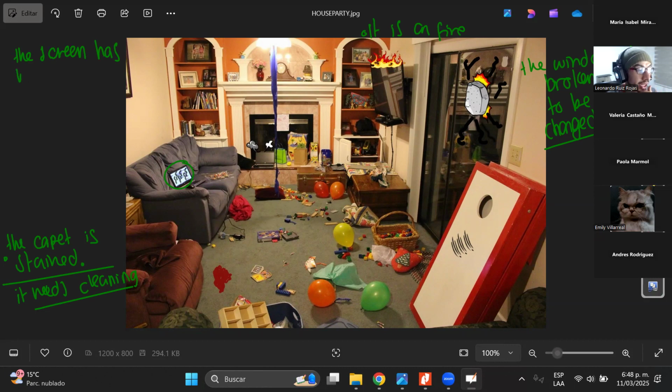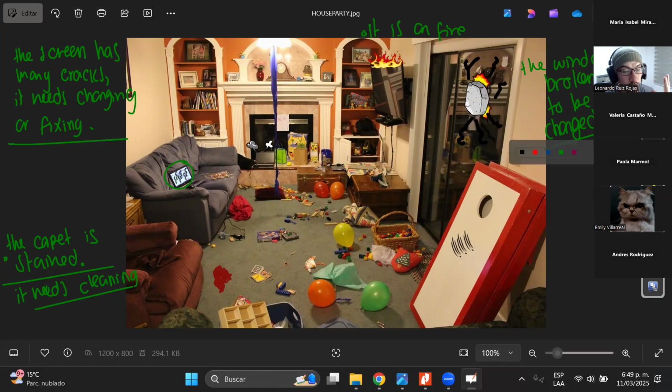So the screen has many cracks. So it needs changing or fixing, or replacing. Bueno, as you prefer to use it, right? Remember, we always have two options. Yes, in this case, be and verb in past participle, or just needs and ing. Needs cleaning, needs fixing, needs changing, right?